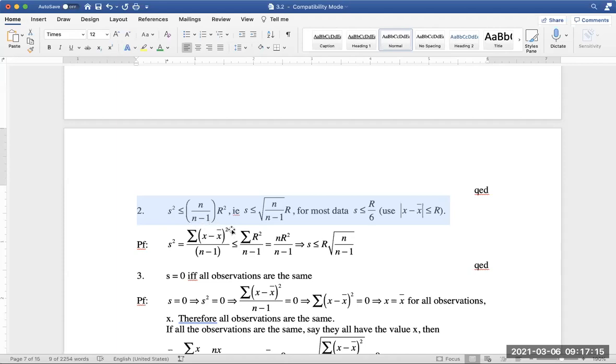So this is less than or equal to the sum of R squared over n minus 1. Again, you're adding up a whole bunch of constants, so this is just n times R squared over n minus 1. Take the square root of both sides of the equation. And so I get that S is less than or equal to R times the square root of n over n minus 1. And that's what you want to show.